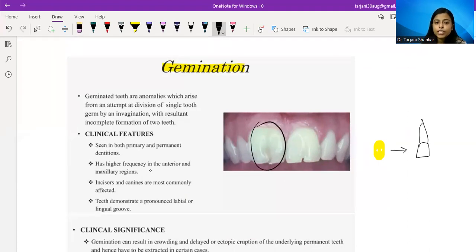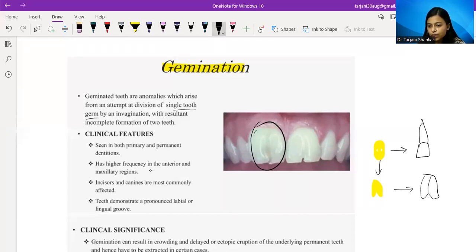Yes, so gemination anomalies arise in an attempt at division of a single tooth germ. The single tooth germ only will divide and it will look like this. Got it? And this will result in the formation of a tooth that is incompletely fused.